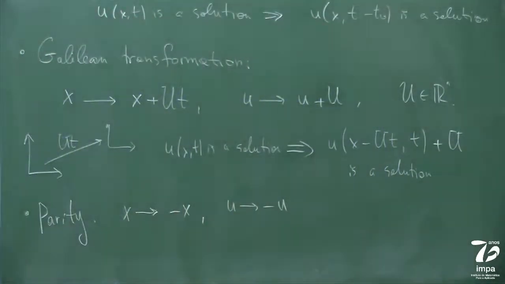And that's important because in 3 dimensions, parity is what maps the left hand to the right hand. So if you change coordinates x to minus x, your left hand becomes a right hand, and you can never transform them just by rotation. So you need parity. This is a nice transformation.